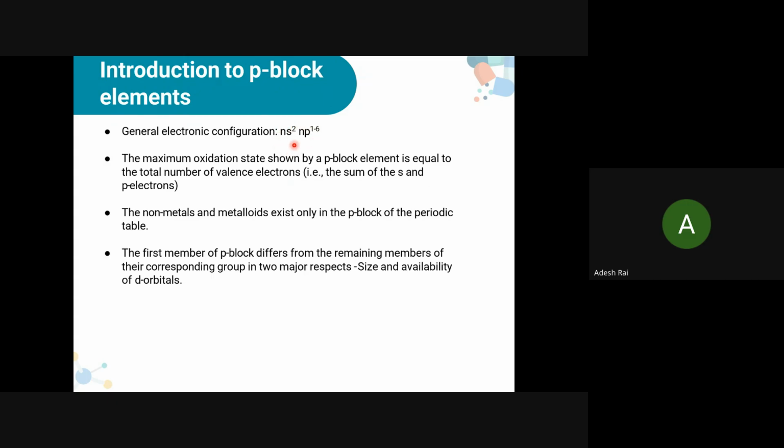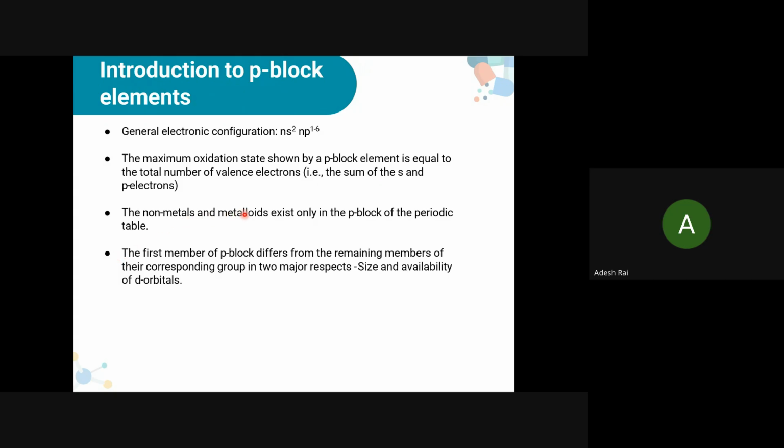If I ask you for the boron family, what will be the maximum oxidation state? The electronic configuration is ns2 np1, therefore 2 plus 1, which is 3. For the carbon family, the electronic configuration is ns2 np2, so the total electron count in the valence shell is 4. Therefore, the maximum oxidation state shown by the carbon family will be 4. Is that clear?